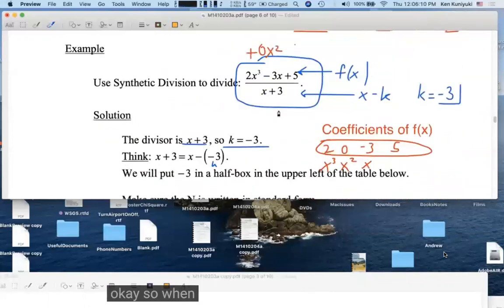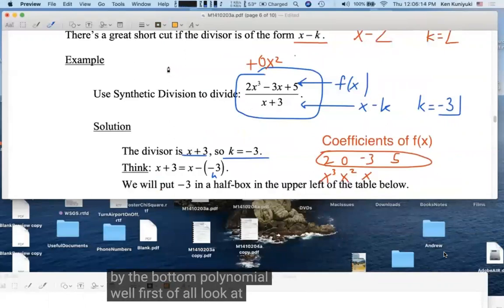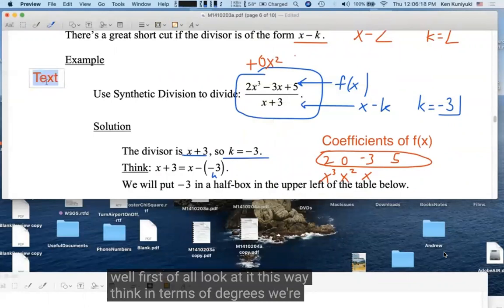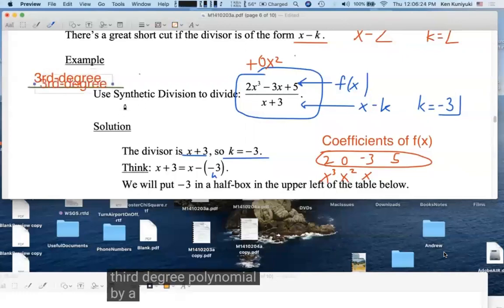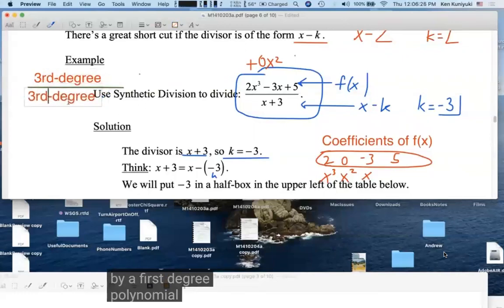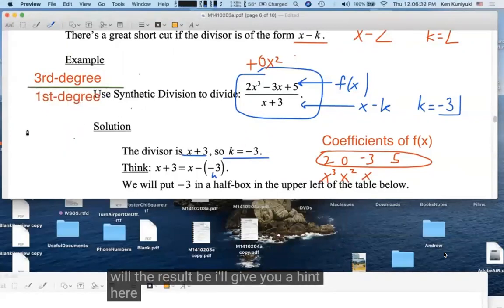Okay, so when I divide the top polynomial by the bottom polynomial, think in terms of degrees. We're dividing a third degree polynomial by a first degree polynomial. What degree will the result be? I'll give you a hint here.